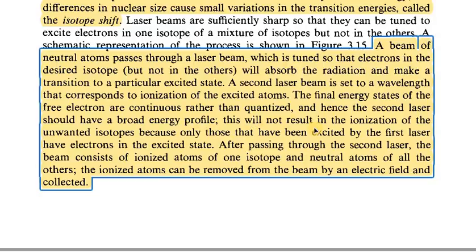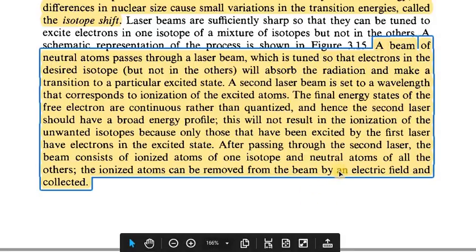This will not result in the ionization of the unwanted isotopes because only those that have been excited by the first laser have electrons in the excited state. After passing through the second laser, the beam consists of ionized atoms of one isotope and neutral atoms of all the others. The excited atoms can be removed from the beam by an electric field and collector.